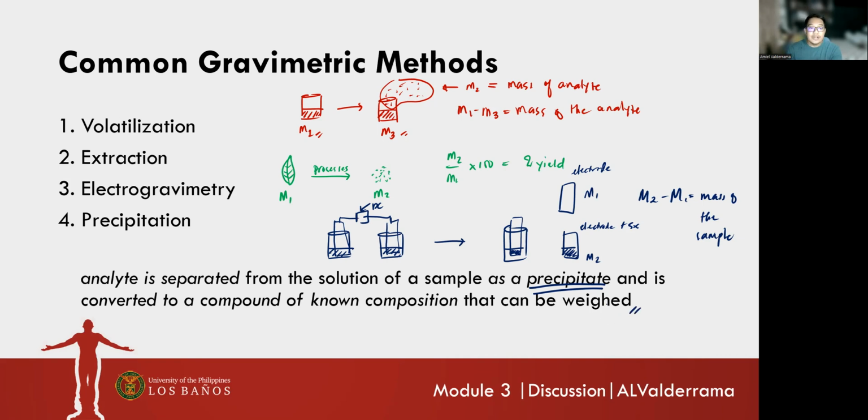As you can see here, the amount of analyte is determined by measuring the mass of your compound. So all we have here are the masses of your initial reactants and products, as we get the mass of your analyte. And for the context of Module 3, we will be employing precipitation.